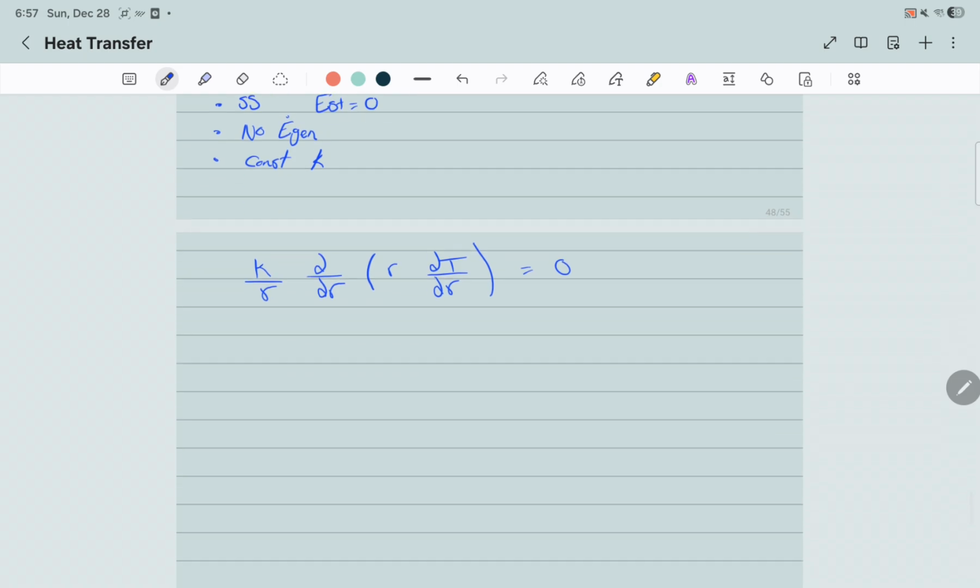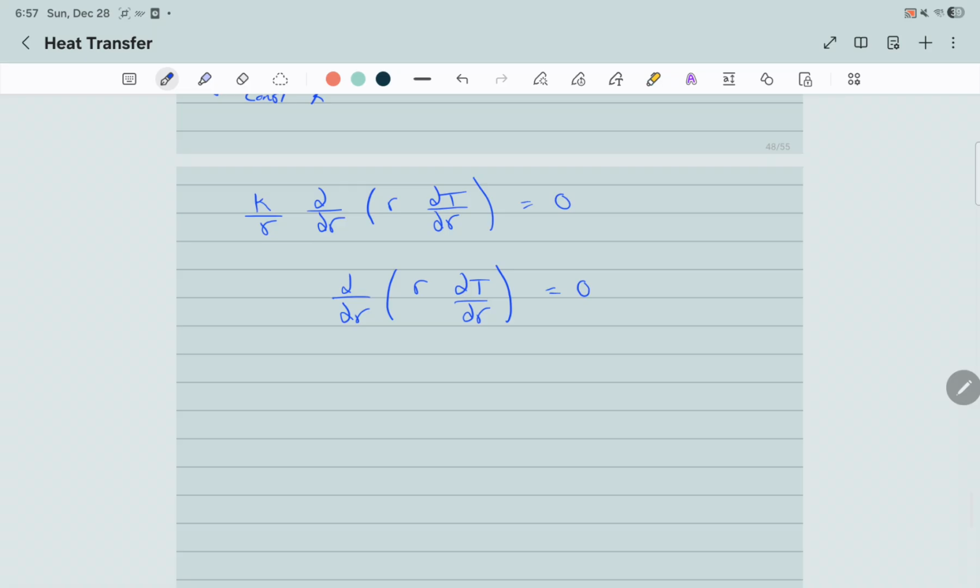Okay, we can take this term to the other side, times it by 0, and we'll be left with d over dr, bracket, r dT/dr equals 0. Now, a derivative of something that gives me 0 means that whatever is inside this bracket has to be a constant, because the derivative of a constant gives 0.